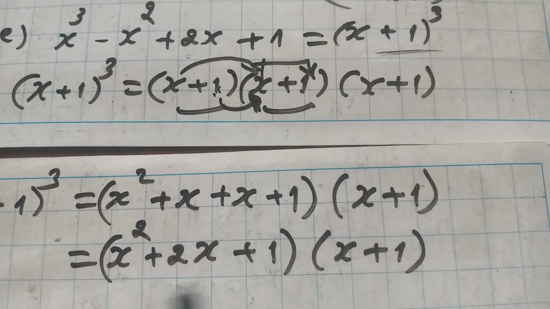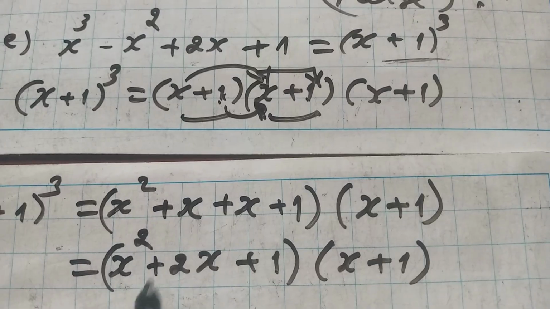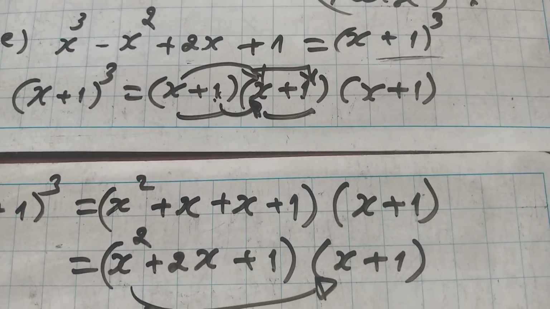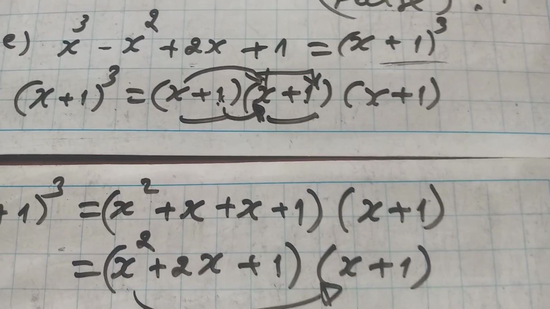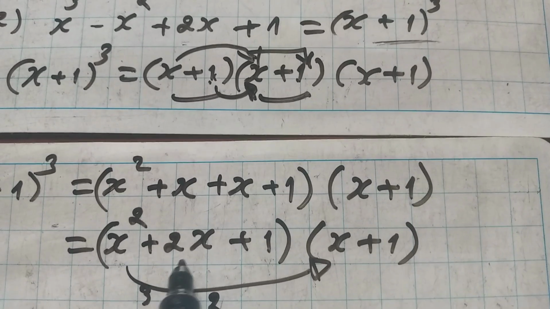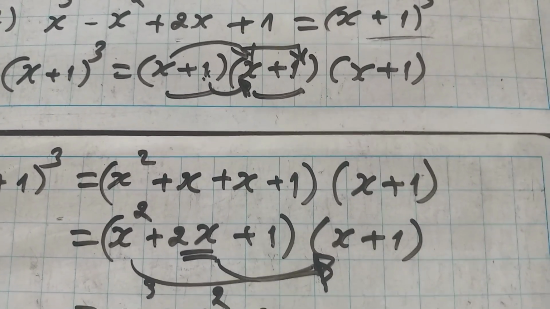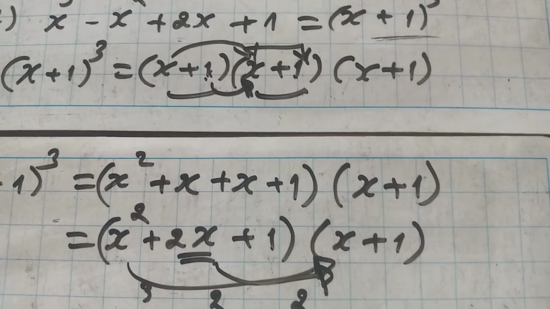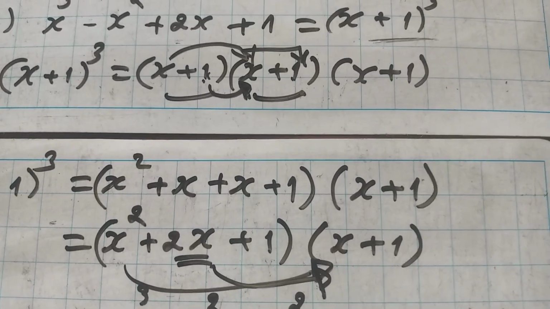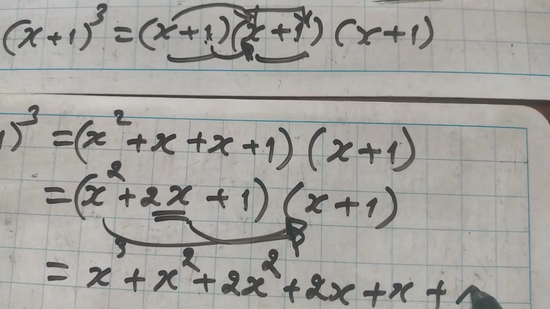That's why we are going to multiply also those two factors to have x squared times this x, which is equal to x power 3, x squared times 1, which is equal to plus x squared. Then I have 2x times x will be plus 2x squared, then plus 2x times 1 is 2x, plus 1 times x, which is x, plus 1 times 1, which is 1.